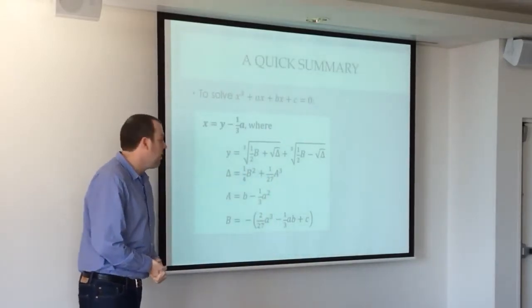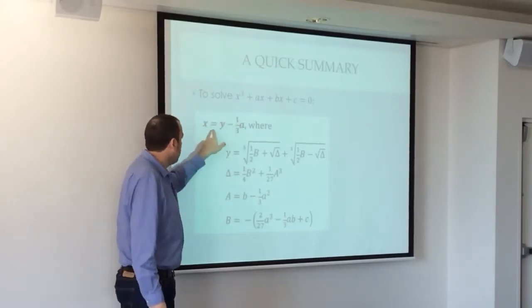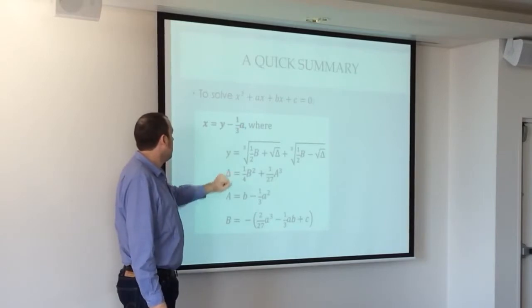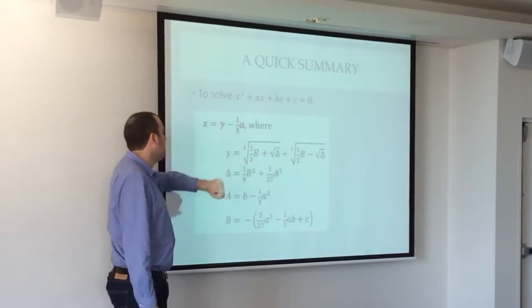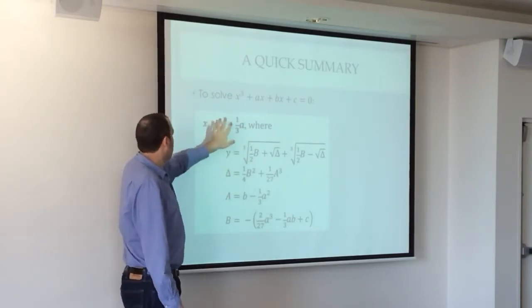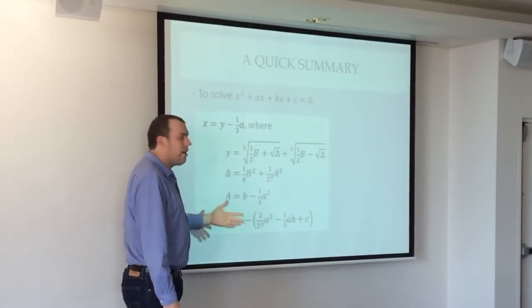So here's a quick summary so far. To solve the general cubic, you can make this substitution, and then, well, sorry, it's not so much make this substitution, that's the machinery behind this, right? So to solve it, x does equal this. And to work it out, you go in reverse, right?